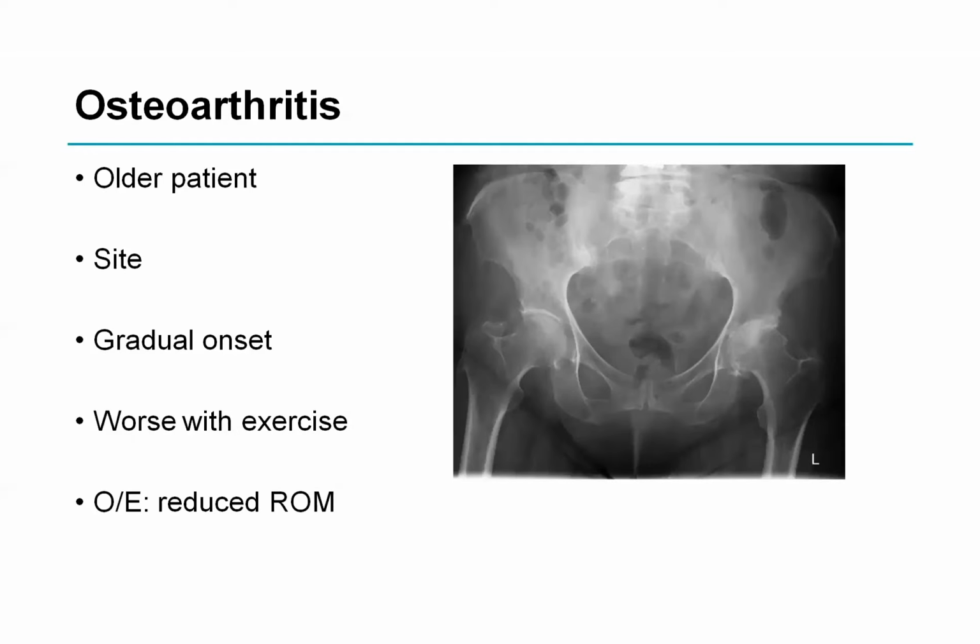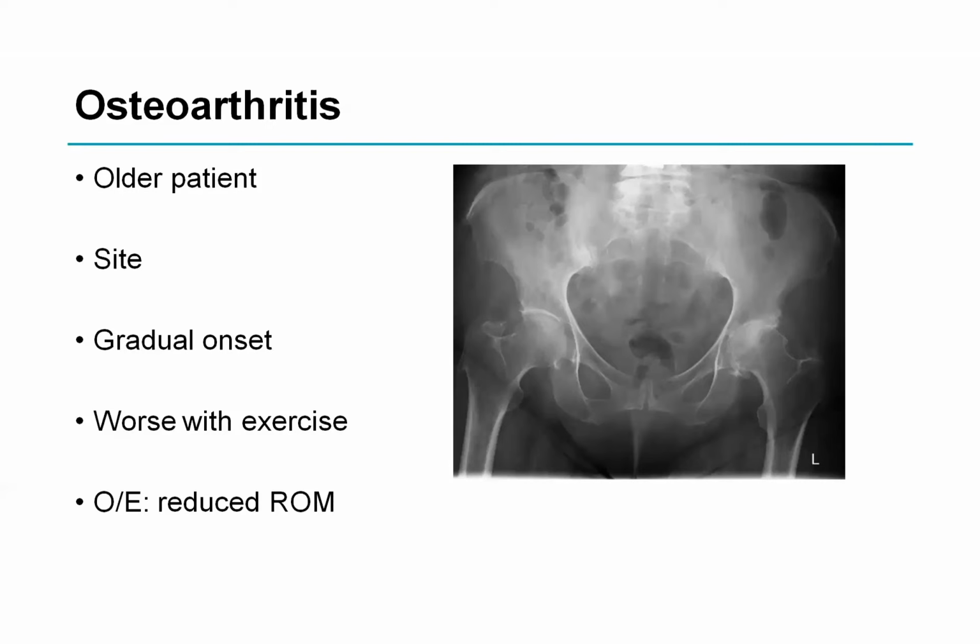In osteoarthritis, typically the patients, as we've just learned, are older, probably in their 60s or 70s. You'll have pain typically in the groin that radiates down the anterior aspect of the thigh to the knee. The onset is gradual, so it starts as mild pain and builds up over months or maybe years.